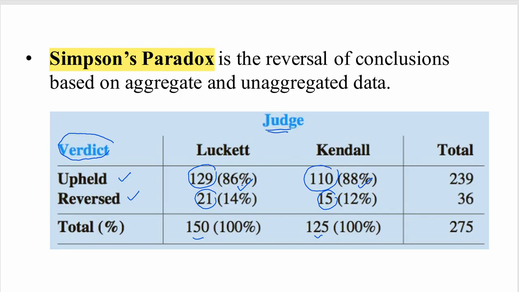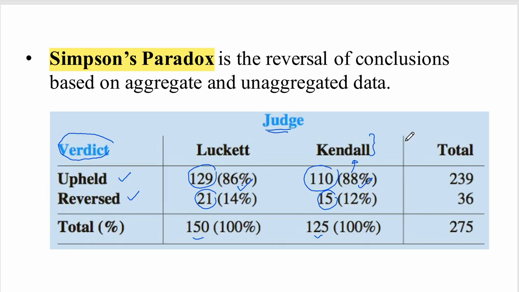So based on this data, if you're part of a jury, you will agree that Judge Kendall has a higher percentage of upholding cases than Judge Luckett. So everybody might end up saying Judge Kendall is the favorite.